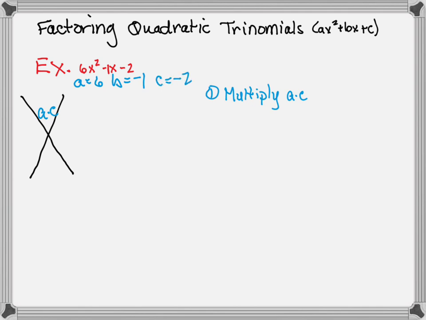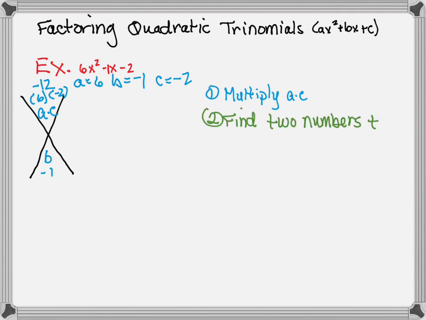And c is negative 2. Signs are important, so if we see negatives, they need to be there. So a times c, we're going to multiply 6 times negative 2, and we get negative 12. And we're going to put b at the bottom of the x, and b in this case is negative 1.